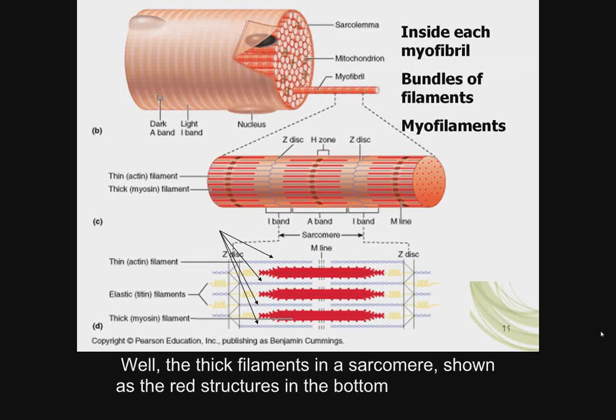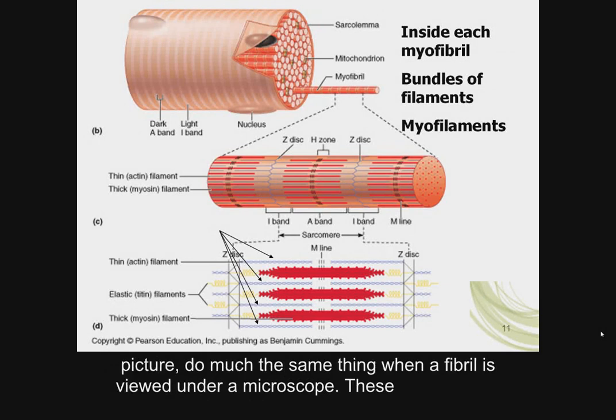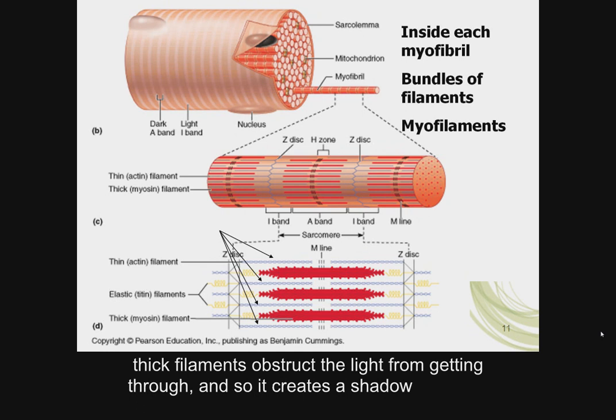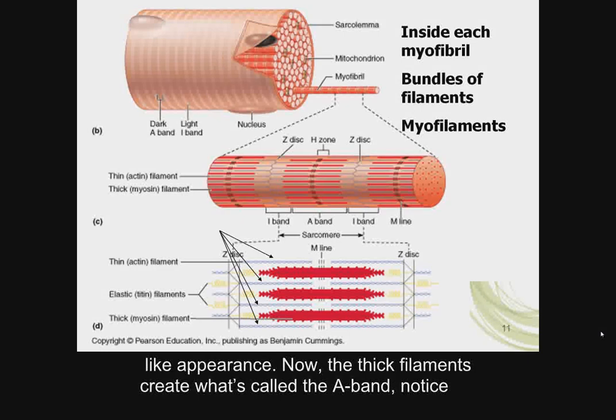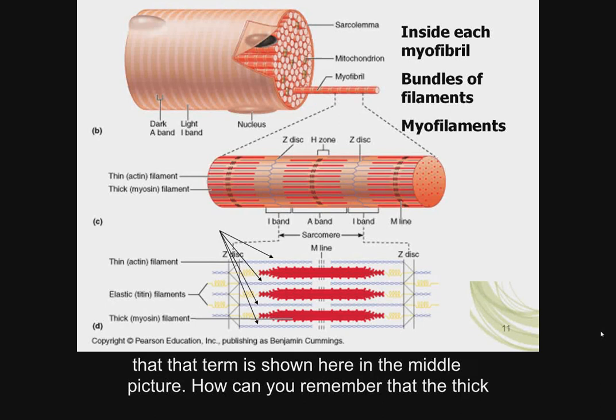Do you agree that the tables in the classroom would obstruct the light from reaching your eye, and this would create a shadow? Well, the thick filaments in a sarcomere, shown as the red structures in the bottom picture, do much the same thing when a fibril is viewed under a microscope. These thick filaments obstruct the light from getting through, and so it creates a shadow-like appearance.